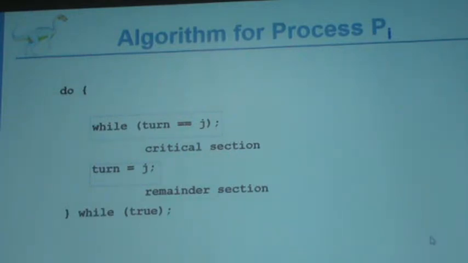See, a while loop, and turn is the kind of key. Turn is a variable that can be shared by other processes. It's a kind of global variable. If turn is J, which means, can I get the key or not?